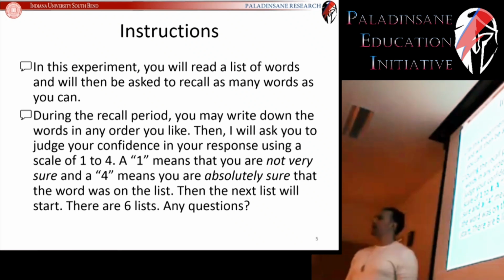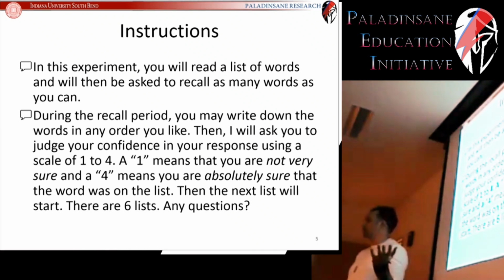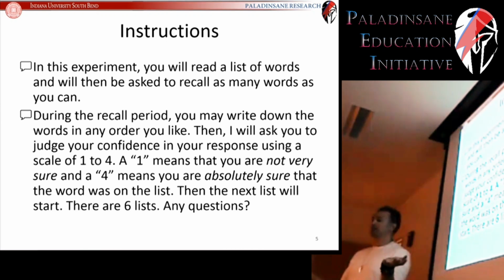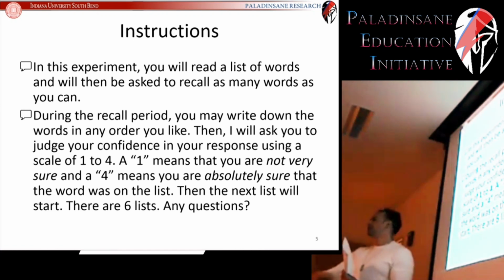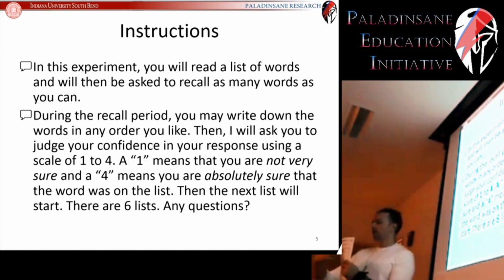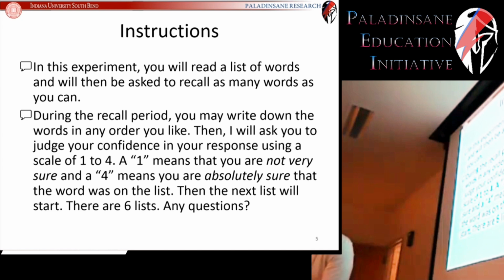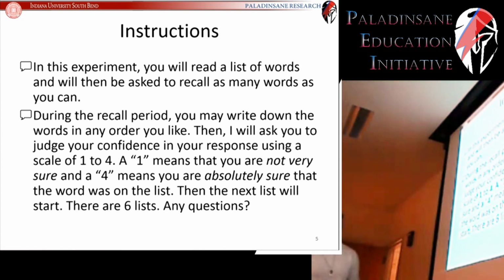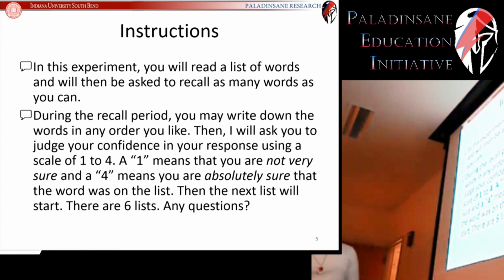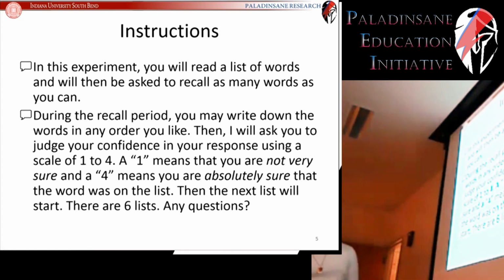So if you remember that word on the list, you put a 4 next to it. If you were totally guessing, like, I think computer was on there, I have no idea, but let's just write it down, then you put a 1 next to that. So you have one column of recall, and one column of how sure you are that those words were actually on the list. Once the countdown recall time is over, the next list will start.